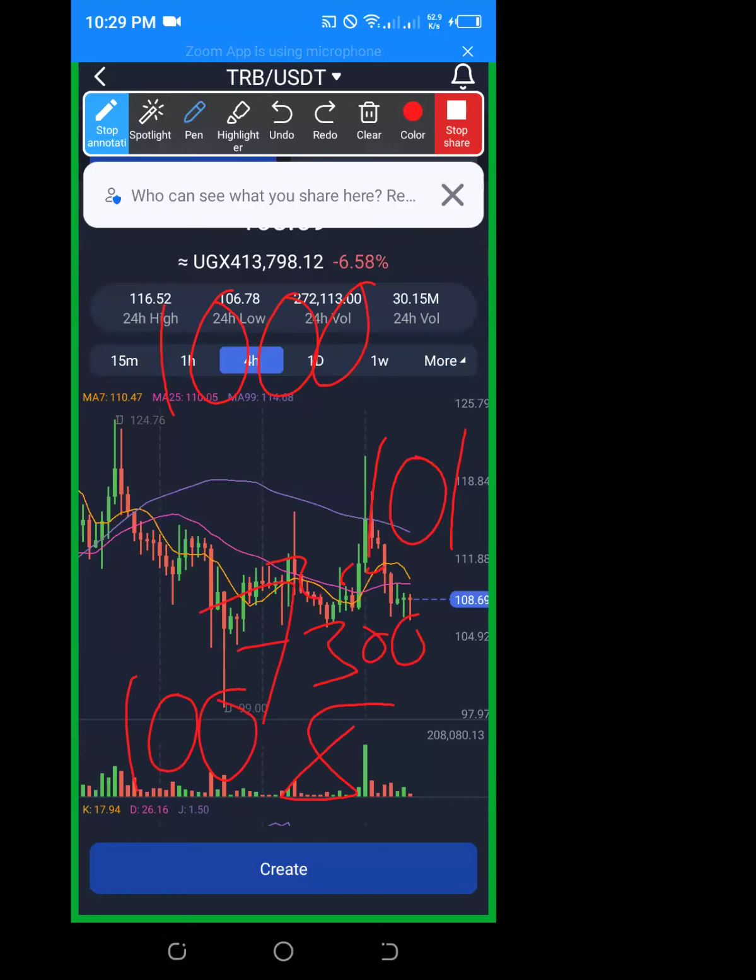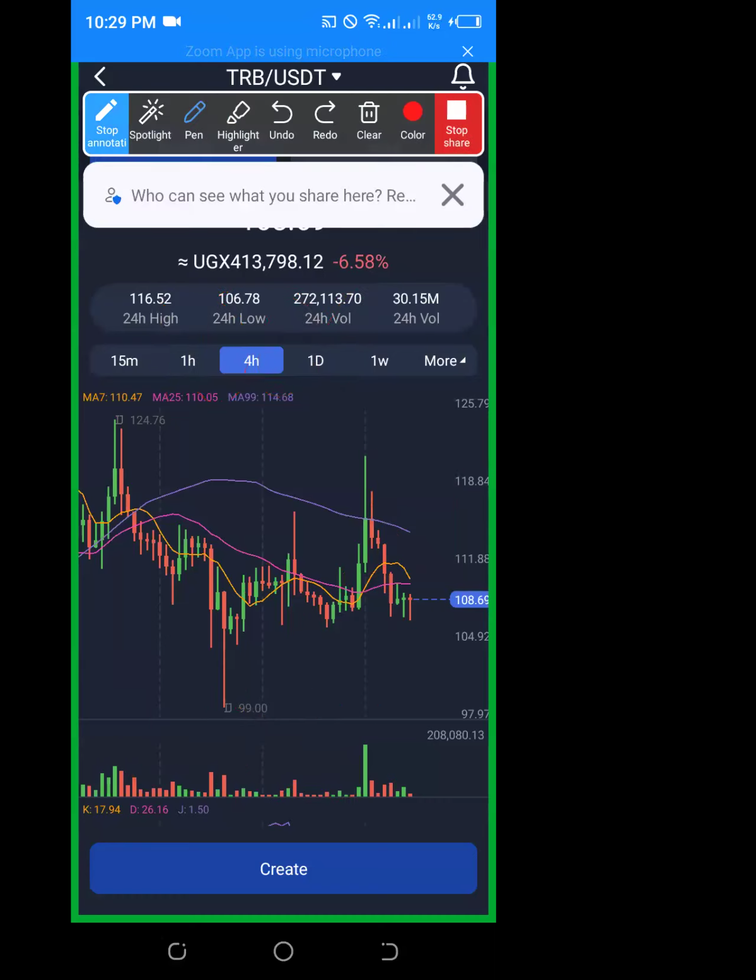But if you have a good capital like $1,000, you can use a drop of 20%, even 30%, 25%, so that you allow the robot to buy more.